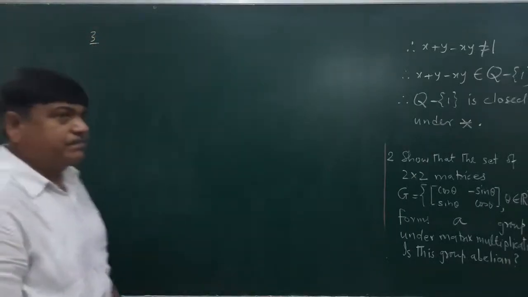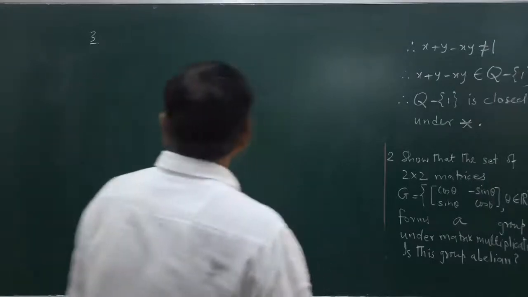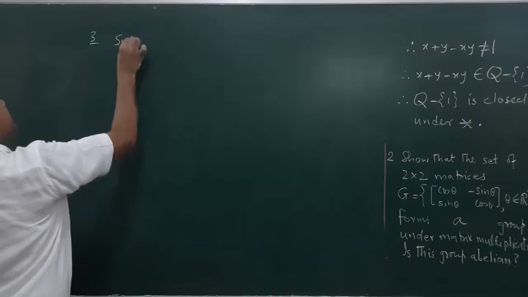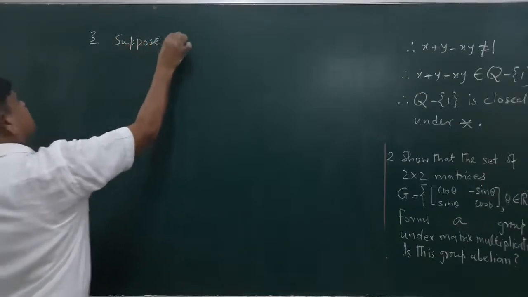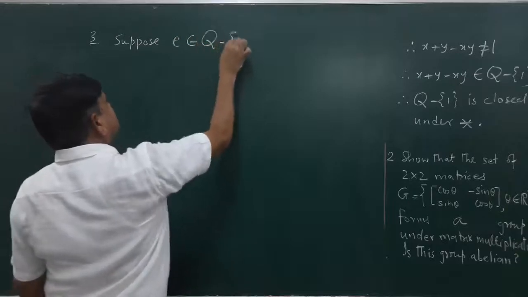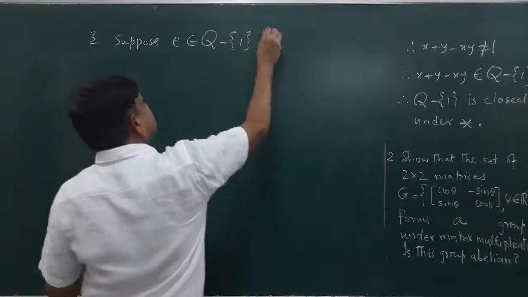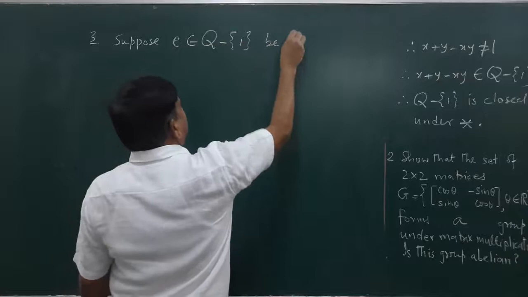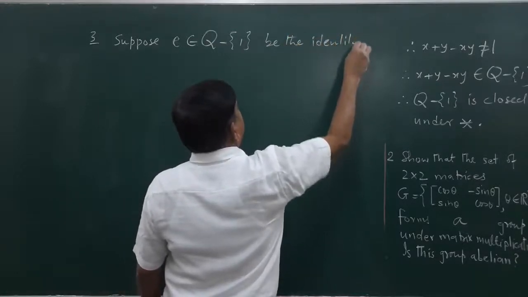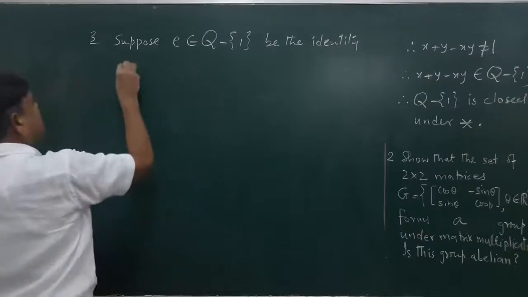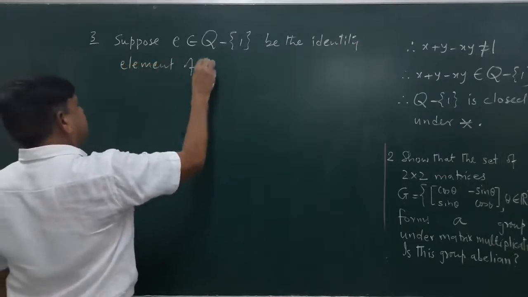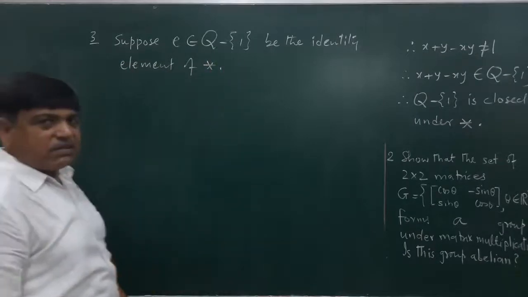Number 3. Suppose E belongs to the identity element of this binary composition.